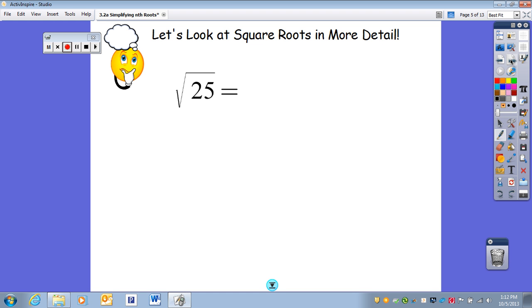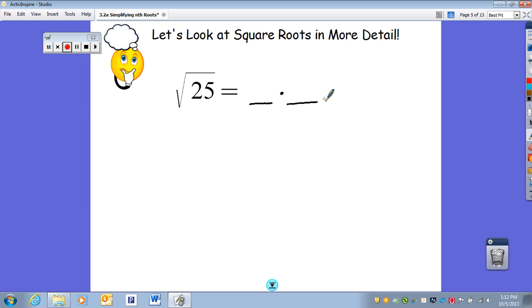Let's look at square roots in more detail. So when we take a look at a square root, remember what we're looking at is what number times itself equals the radicand. In this case, it would be 5 times 5. Or we could say that the square root of 25 could be -5, because a negative times a negative is a positive.